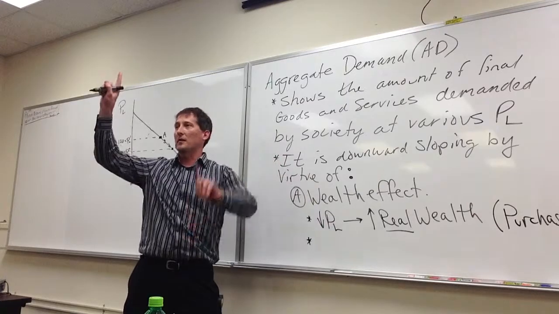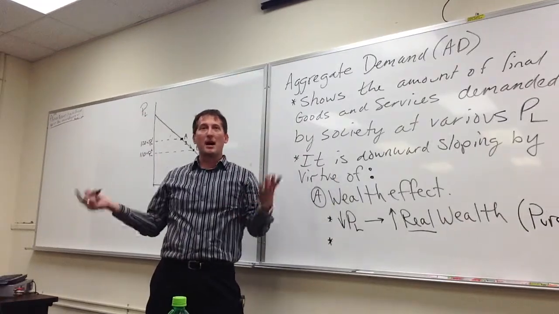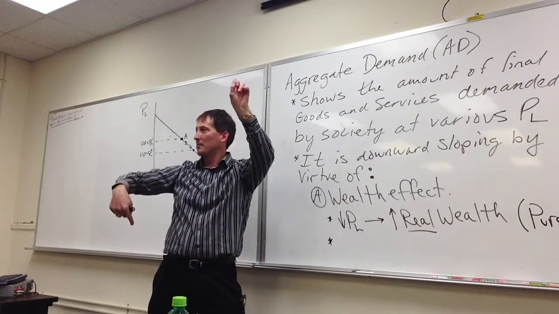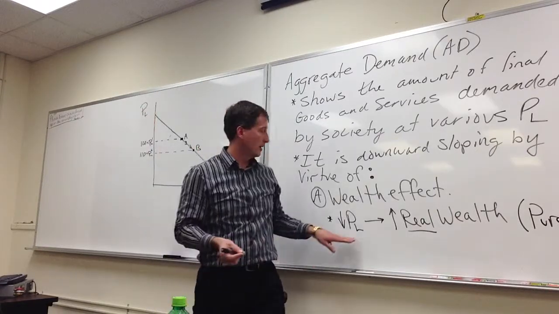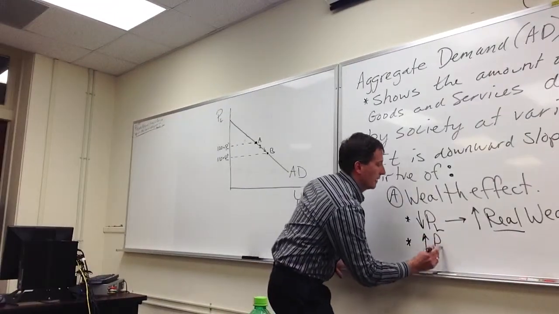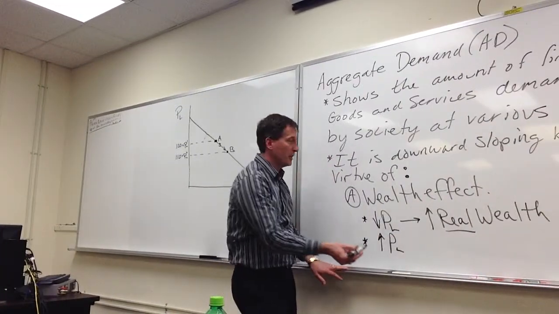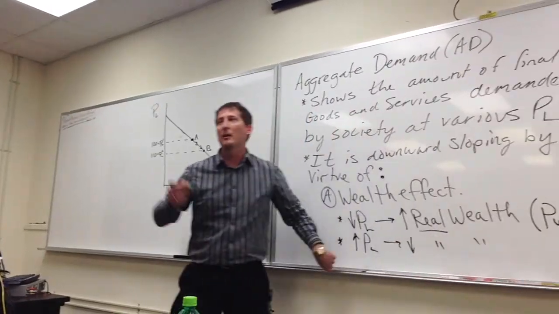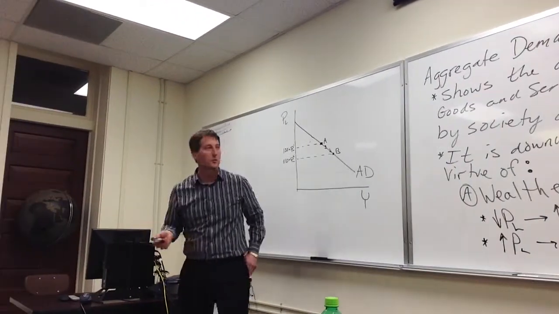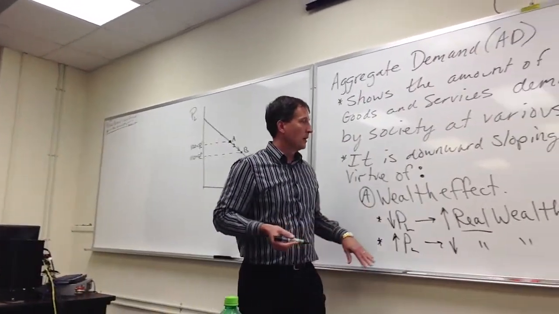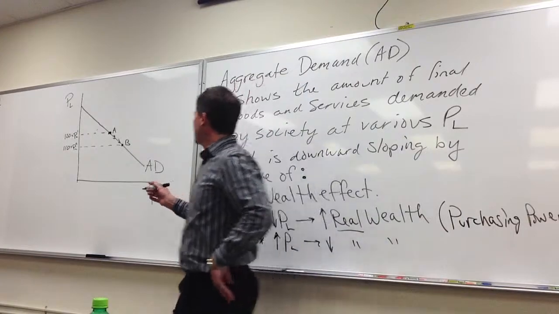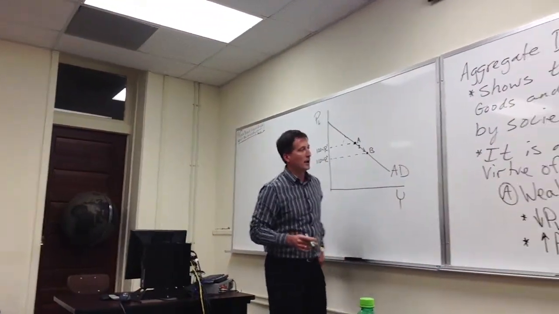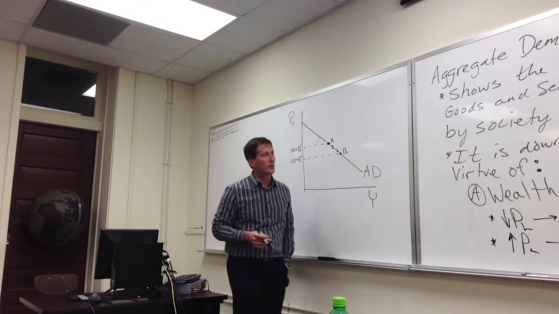Positive relationship, one goes up, the other goes up. One goes down, the other goes down. Negative, one goes up, the other goes down, or one goes down, the other goes up. So if we flip the arrows here, an increase in the price level, inflation, leads to a decrease in real wealth. Maybe that one's a little easier to think about, but it works in both directions. All of that leads us to having greater purchases going on with this wealth effect.